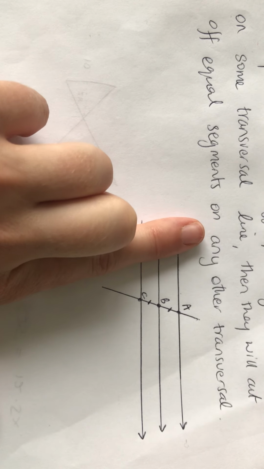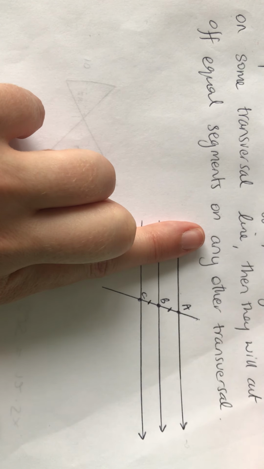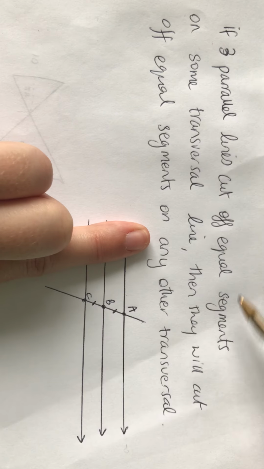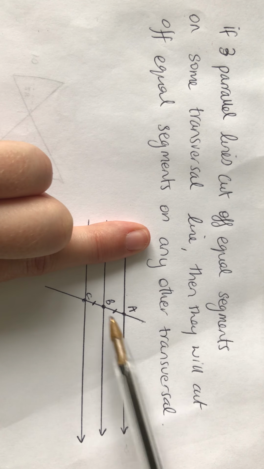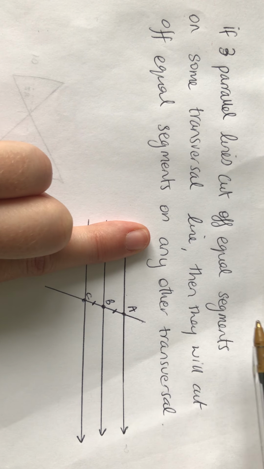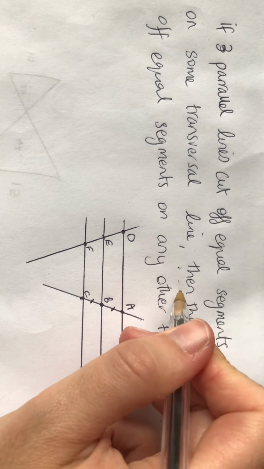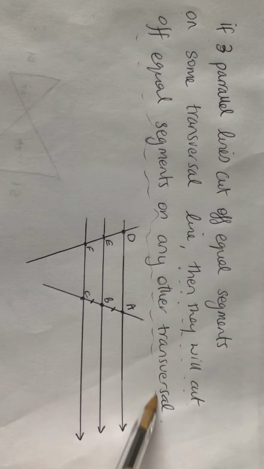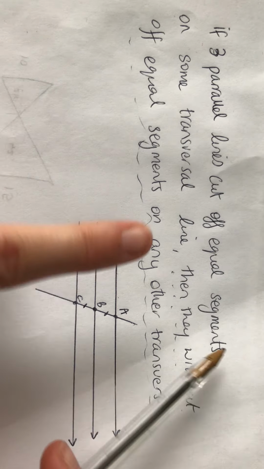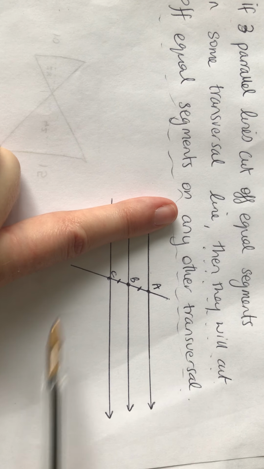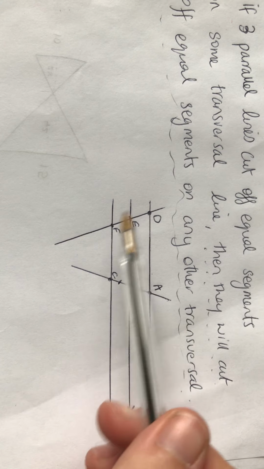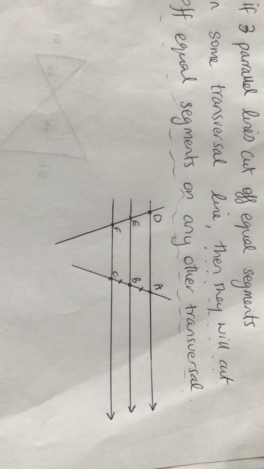So I'll ignore this for a second. If I have three parallel lines and they cut off equal segments on some transversal, then they will cut off equal segments on any other transversal. This is the part that I'm hoping to prove. So this is kind of what I was given. And this bit is what I'm trying to prove, that DE is equal to EF.